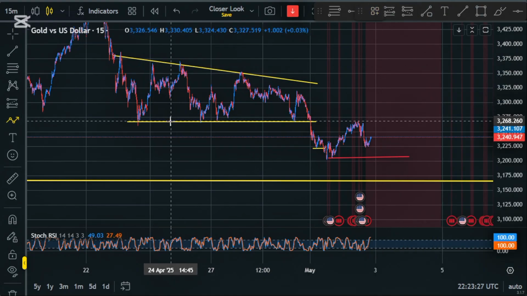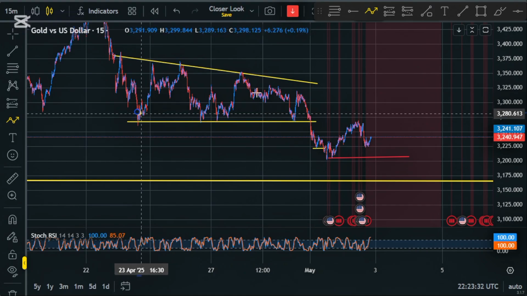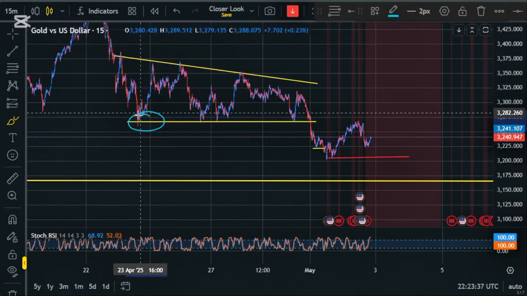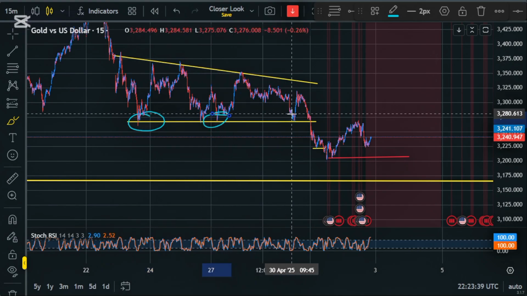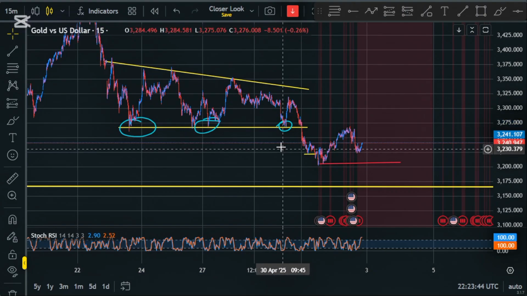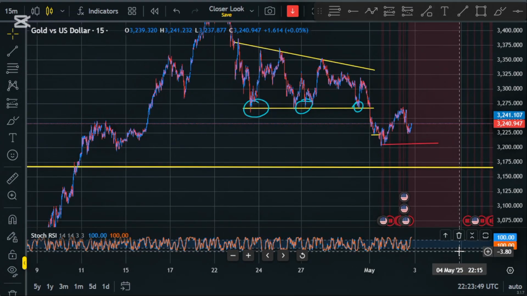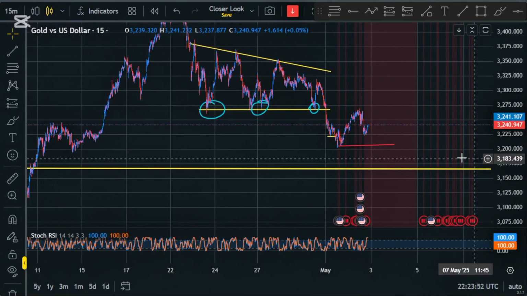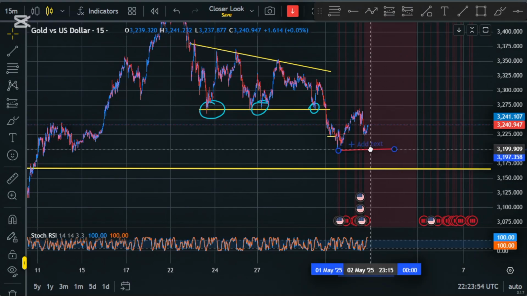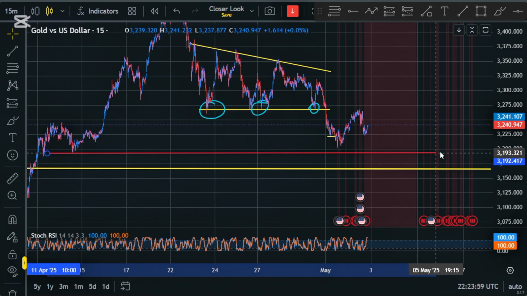So this was the first sweep of liquidity around there. All of these levels are actually liquidity. They had liquidity built around them, so the market came down and took them out, and then we had liquidity built around this key level of support.